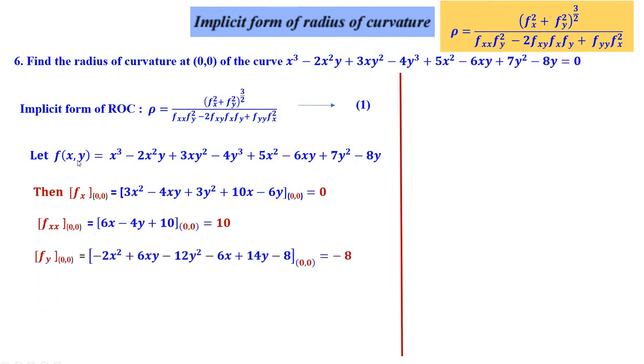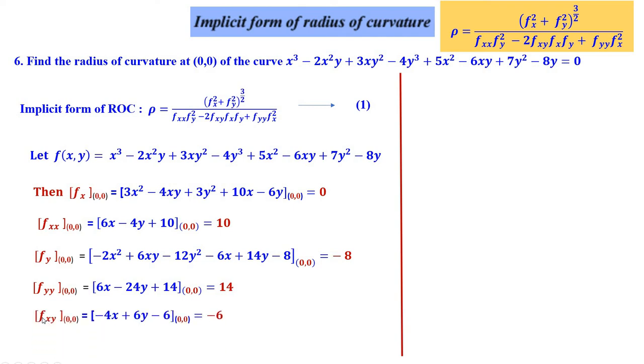And then fy, we are differentiating f partially with respect to y, so from here you get minus 2x square, and this on differentiation gives you 6xy minus 12y square, there is no y, so 0, and this is minus 6, and this is 14y minus 8. At 0, 0 when evaluated you get minus 8. And in the same way fyy, you have 6x minus 24y plus 14, evaluated at 0, 0 you get 14.